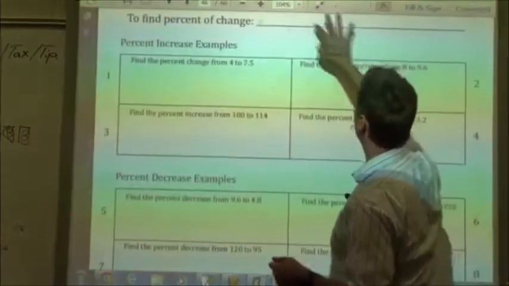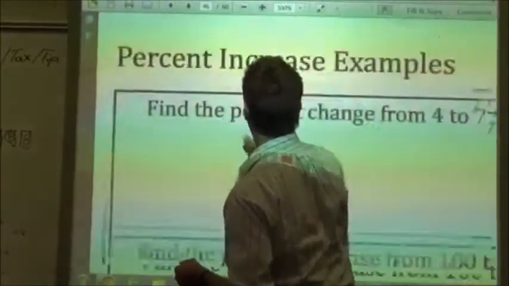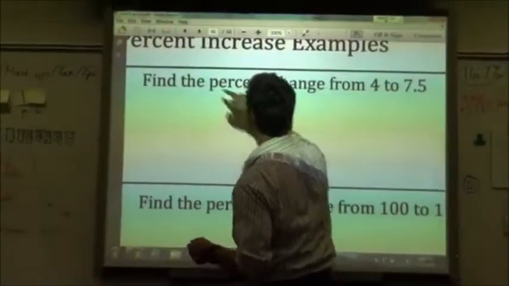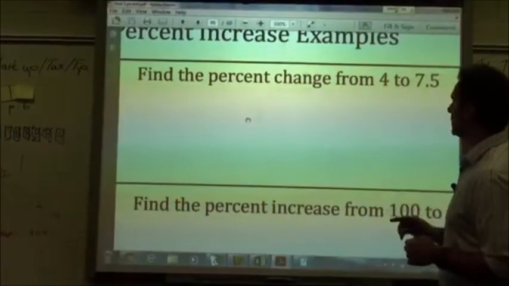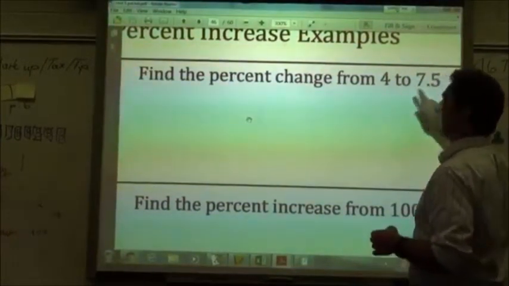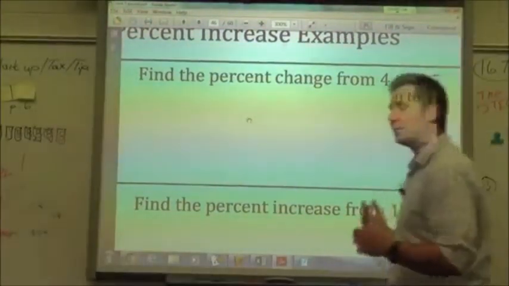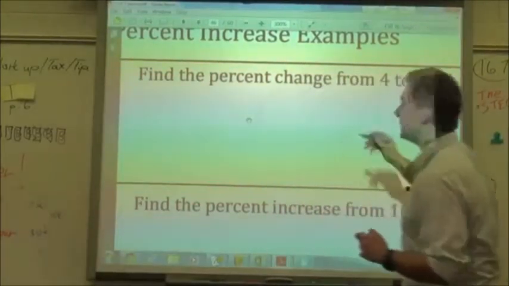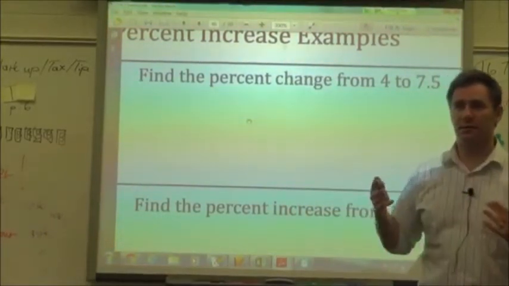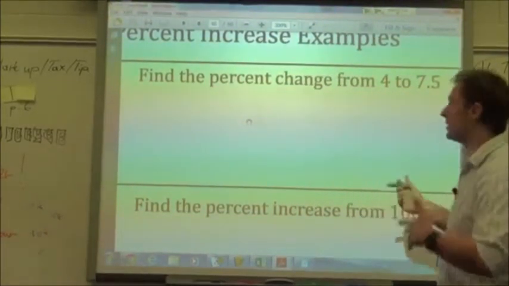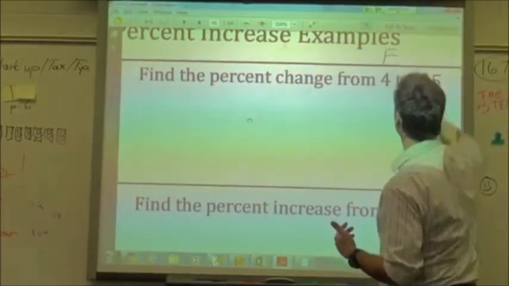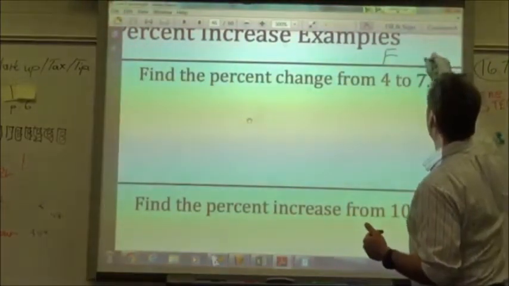Using that formula, let's solve the first problem. Find the percent of change from 4 to 7.5. Every time you're looking for it, please assign first and last to those numbers. 4 is our first number. 7.5 is our last number.